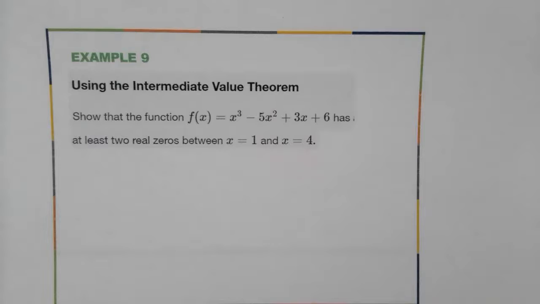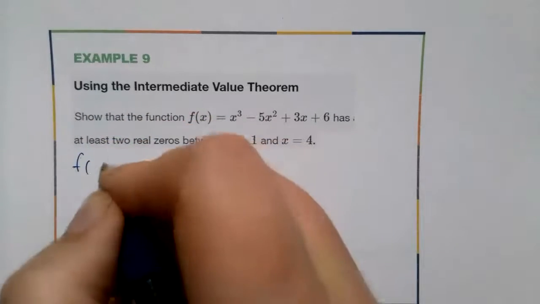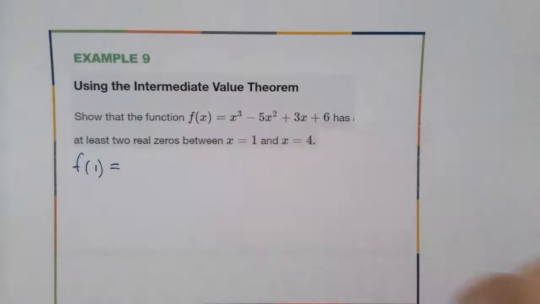All right, so using the intermediate value theorem, here we have a function f of x equals x cubed minus 5x squared plus 3x plus 6. And we're asked to prove that it has at least 2 real zeros between x equals 1 and x equals 4. Okay, so first of all, let's find the function values at 1 and at 4.